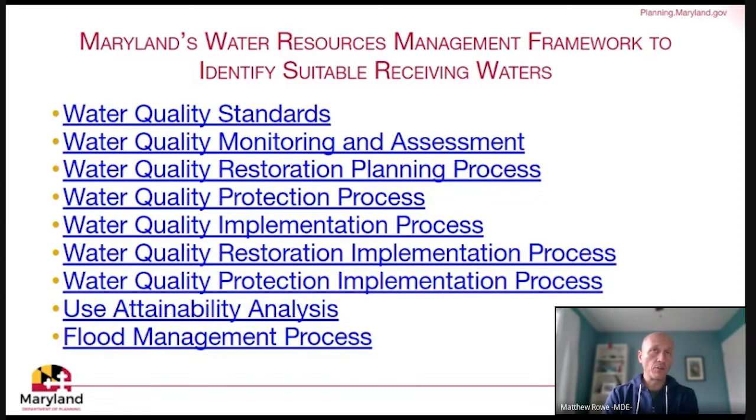Again, if you're planning growth and development in an area and it's not really feasible to restore for whatever reason, there is a way to kind of reevaluate those standards. So we do talk about that in the guidance, just so you're aware about that process.